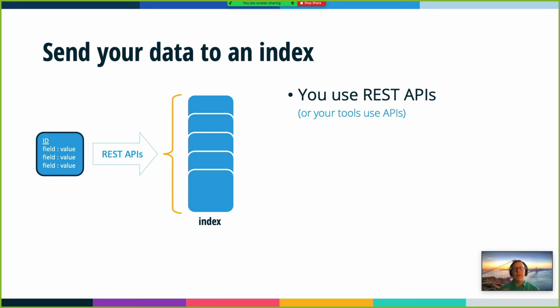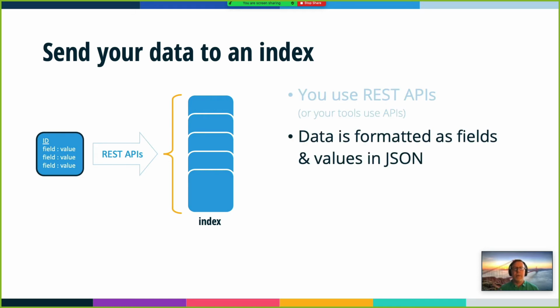I think we'll talk to this later a little bit too. You can make the analogy that an index is like a database table, then a document is like a database row in a more relational database, right? And then of course your fields are the columns and your values are the cells, right?